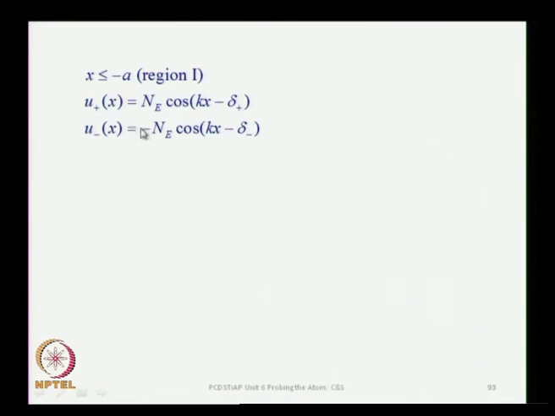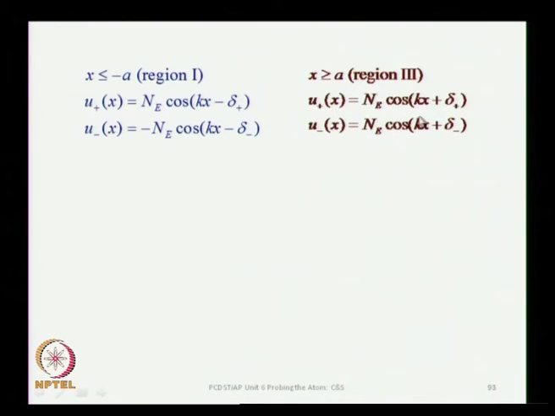So, here for region 1 they propose u plus and u minus to be given by these cosine functions, but with two different phase shifts. One has got a phase shift delta plus, the other has got delta minus. For region 3 you have similar u plus and u minus.